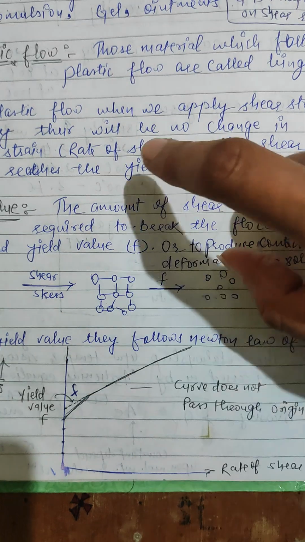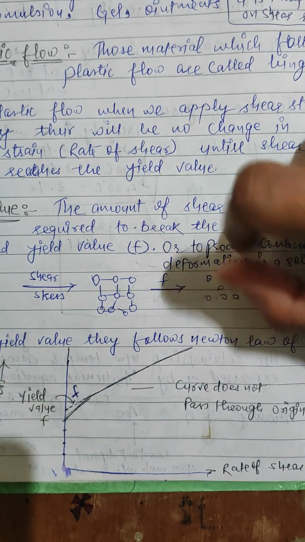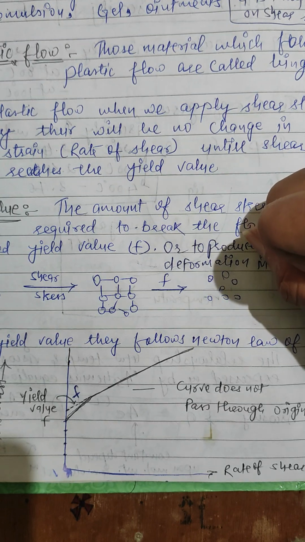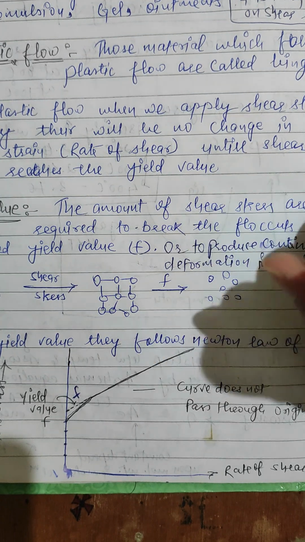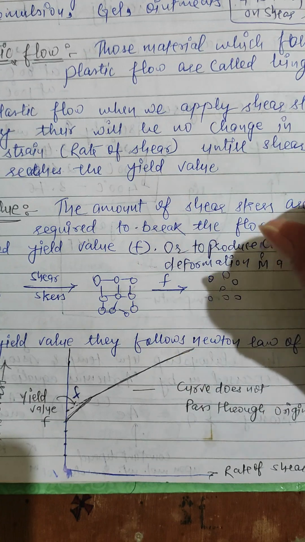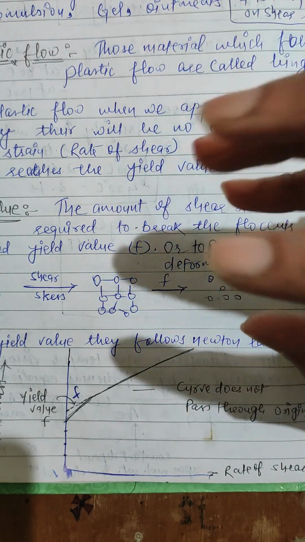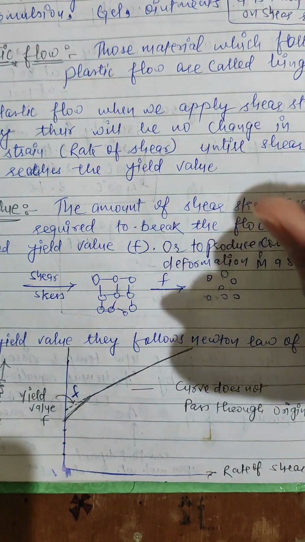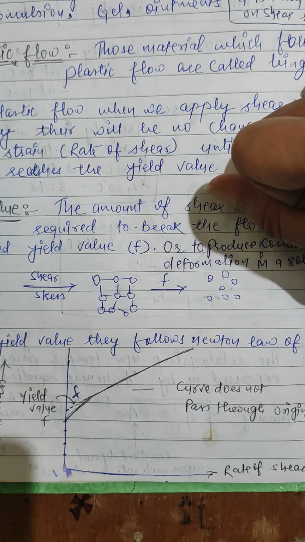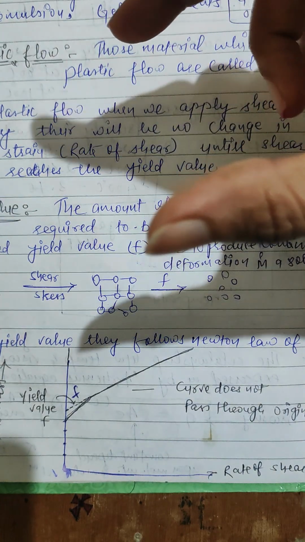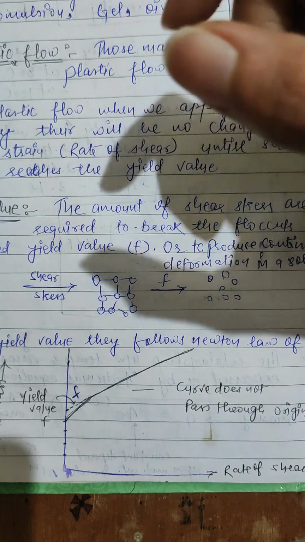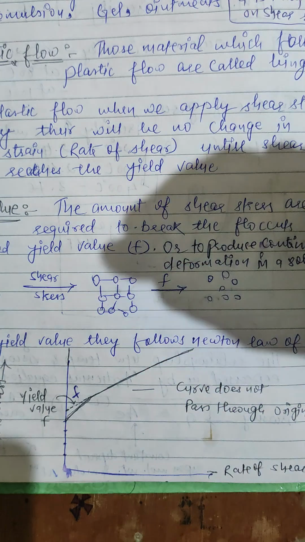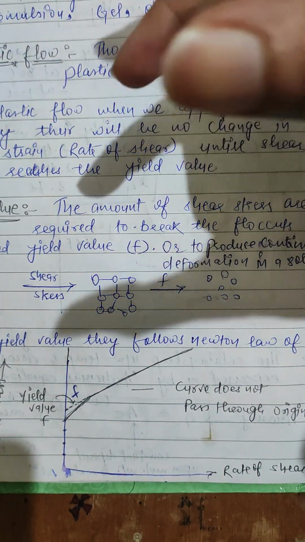I will give you an example for the plastic flow. You must have seen tomato ketchup sauce. You must have eaten samosa with sauce in canteens, so you must have seen the ketchup bottle. When you initially squeeze the bottle, it does not easily come out until you apply a particular amount of force.